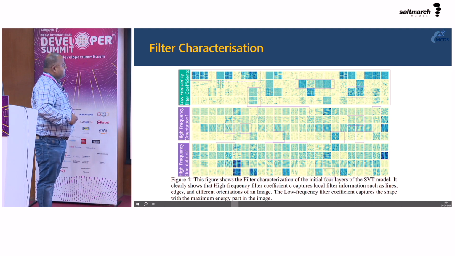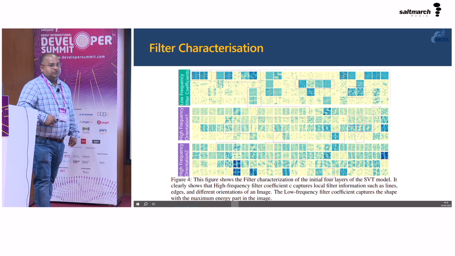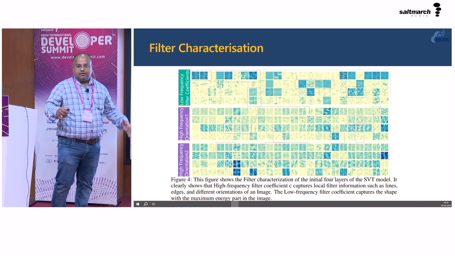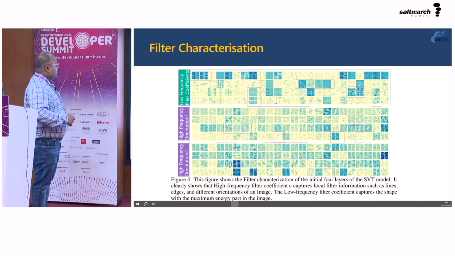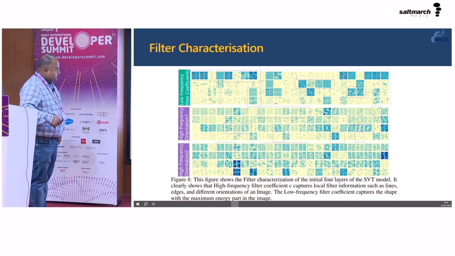Then since it's a filter domain rather than a sequence domain, we show the characterization of a filter. The low frequency component captures the structural information; you can see this structural information. For the high frequency, there are orientations: this one has a 45-degree orientation, and this is another kind of orientation.